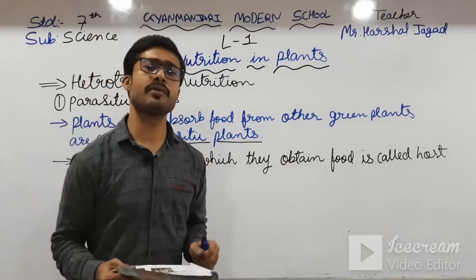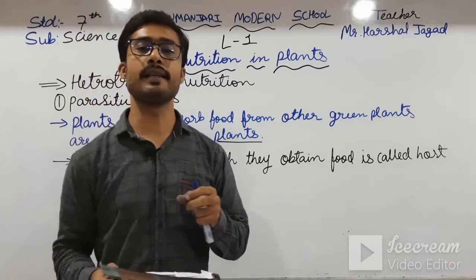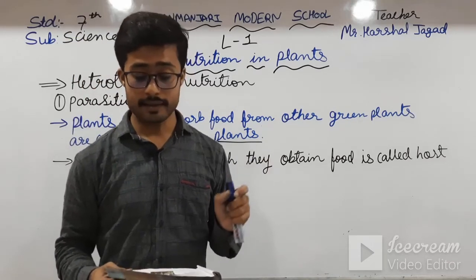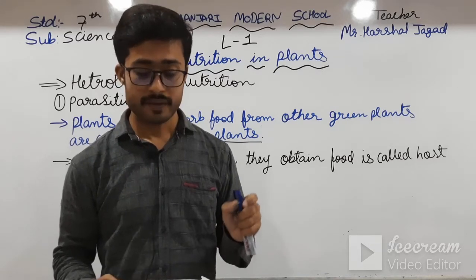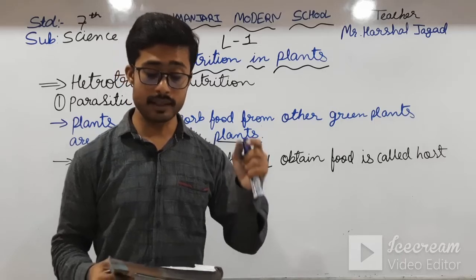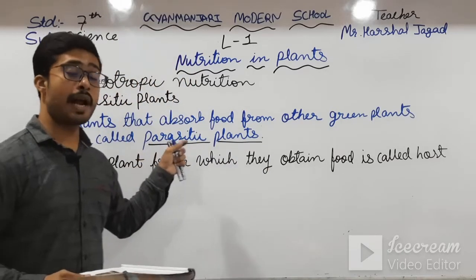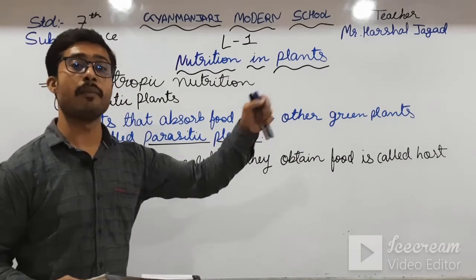Means they have some special type of roots from which they absorb the food from the other green plants. Thus the parasite benefits at the cost of the host plants. However, they rarely damage or kill the host plant. Means they can damage and also kill the host plant, means other green plants.